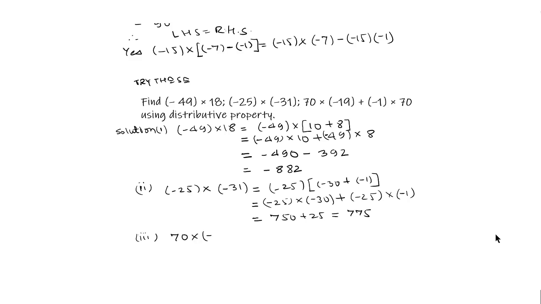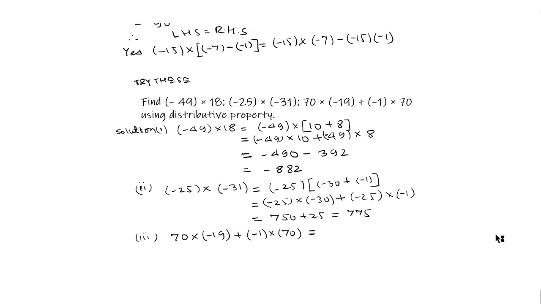17 multiplied by minus 19 plus minus 1 multiplied by 70. Here we have been given the multiplication distributed over addition. Now we are solving it the other way.